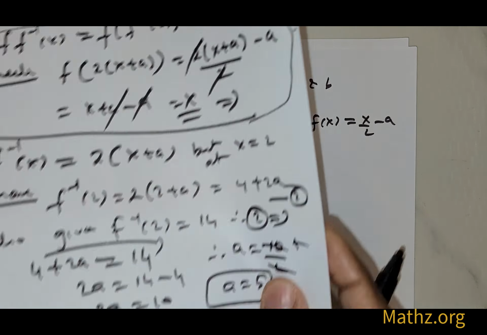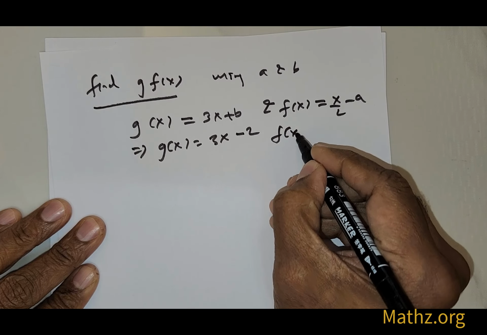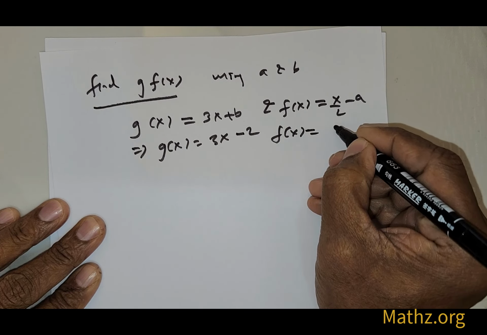My a value is 5, b value is -2. So f of x is equal to x over 2 - 5.